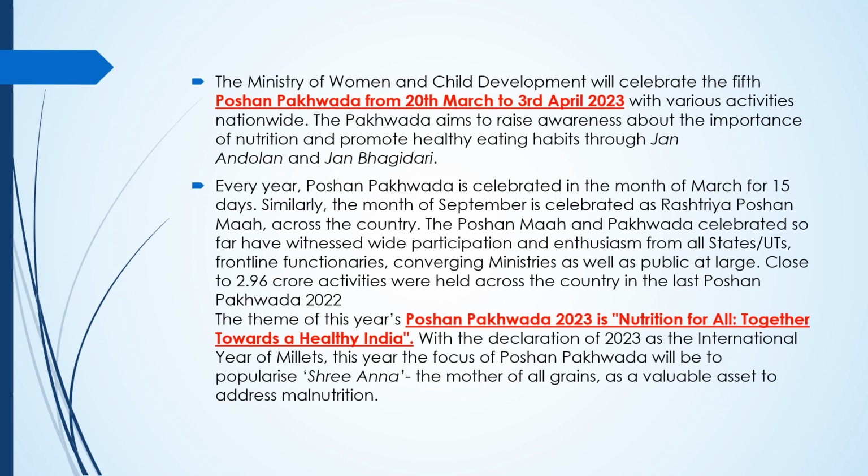The Poshan Pakhwada for 2023 aimed at nutrition for all, together towards a healthy India, where a lot of importance is given to local grains. It is also declared as the International Year of Millets, to give importance to local produce, called Shri Anna, the mother of all grains, a valued asset to address malnutrition.